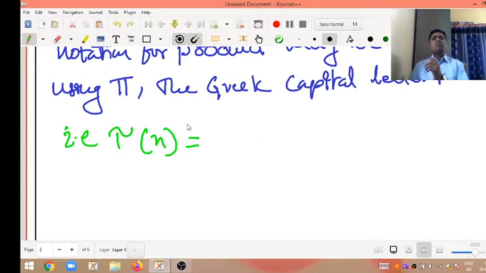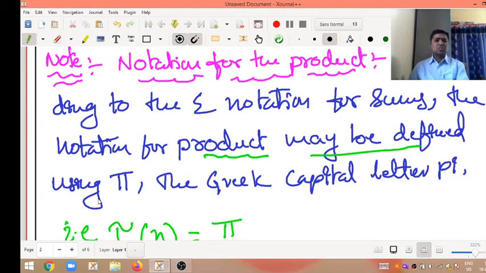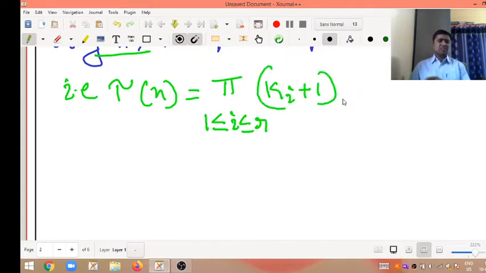In the form of this notation, how do you write this product? The product may be expressed using the symbol pi, and the sum using the sigma summation notation. So the product (k1 plus 1)(k2 plus 1)(k3 plus 1) and so on we express as the product of (ki plus 1) for i from 1 to r.